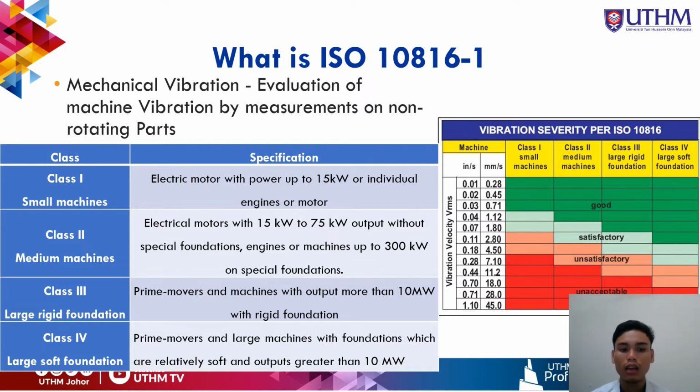Class 3 and class 4 have the same machines, which are more than 300 kilowatts, but class 3 is for rigid foundations while class 4 is for soft foundations. The vibration severity can be categorized into four levels of machine health, which are good, satisfactory, unsatisfactory, or unacceptable.